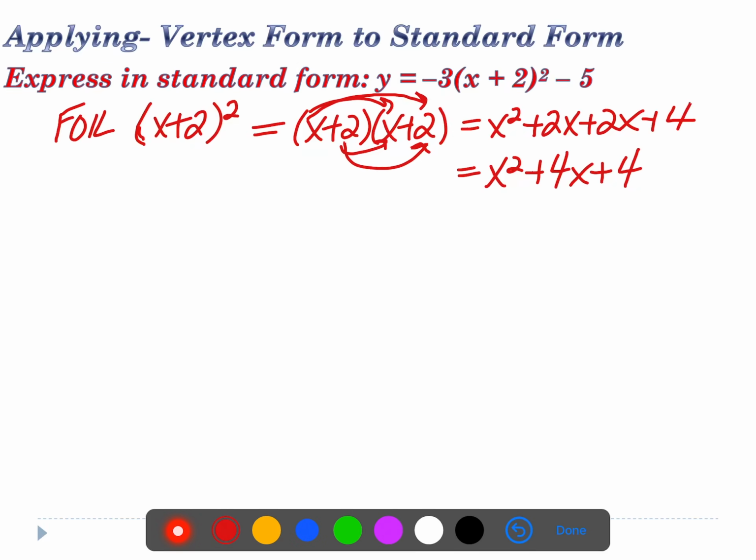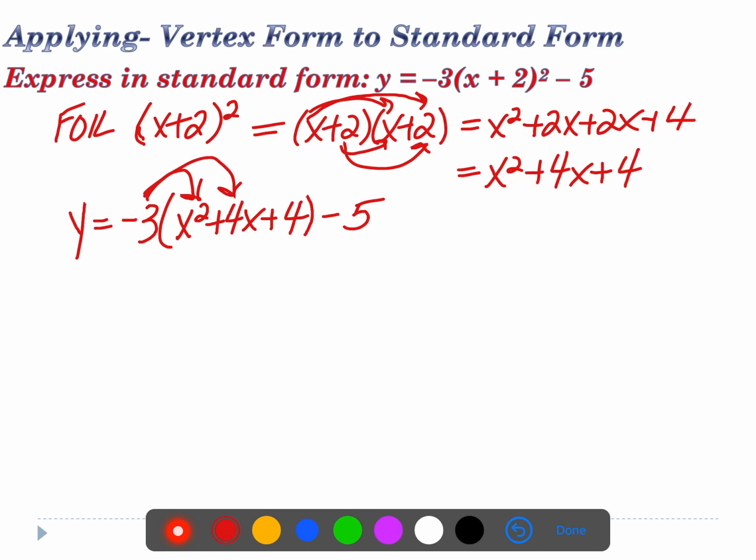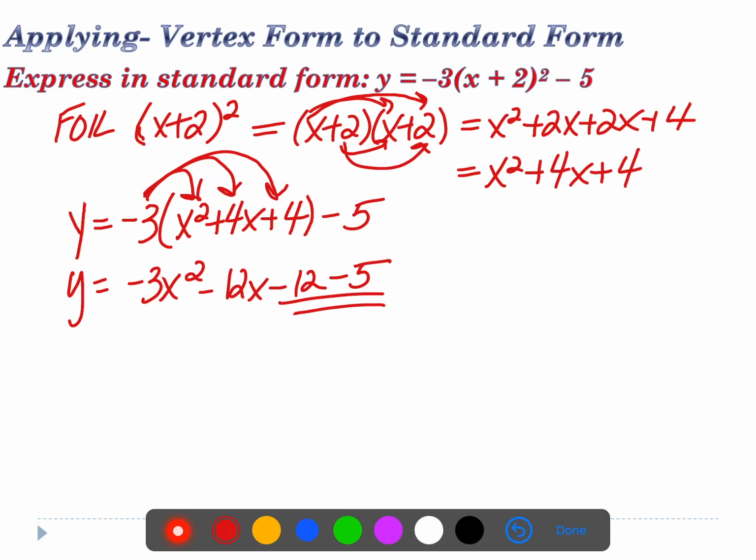So we're going to take that value and insert it back into the parentheses. Now we're going to distribute the a value, and then combine like terms.